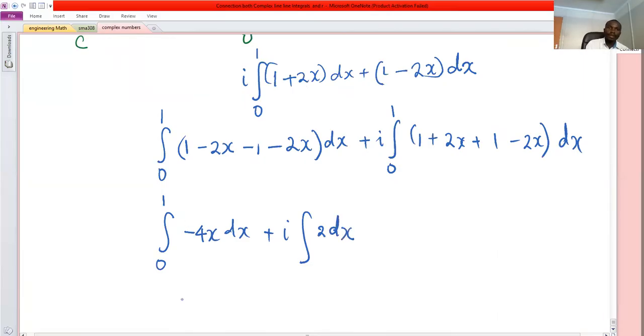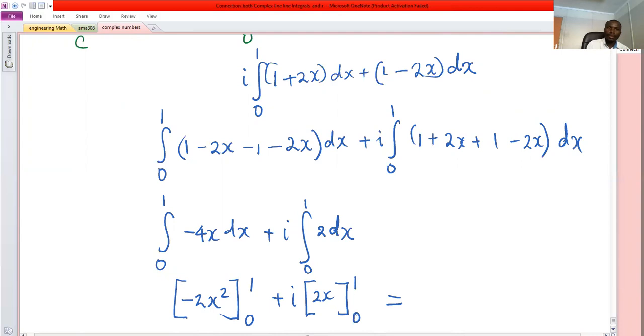So this will give us minus 2x squared from 0 to 1, plus I times 2x from 0 to 1. The first one will give us minus 2, and this one will give us just 2, times I. So the answer will be minus 2 plus 2I.